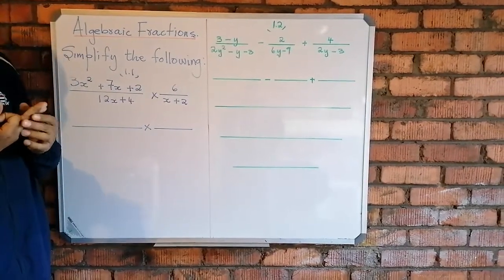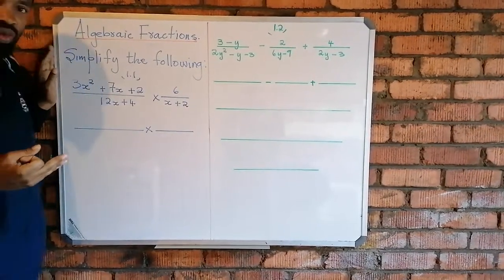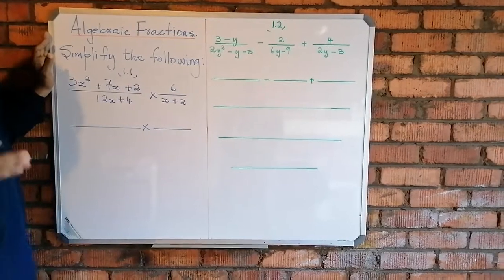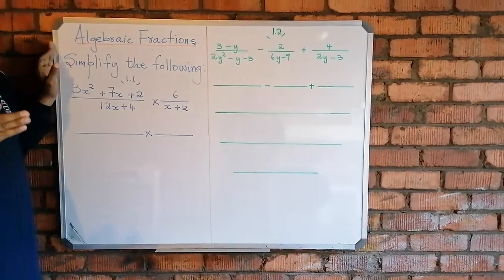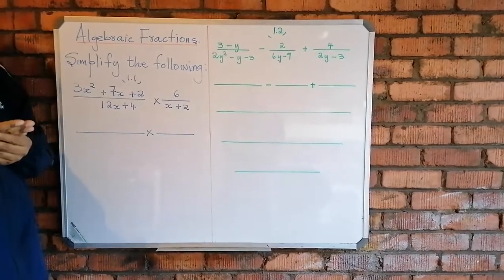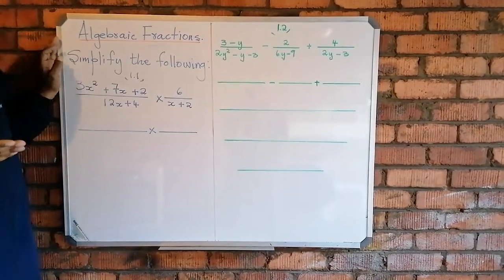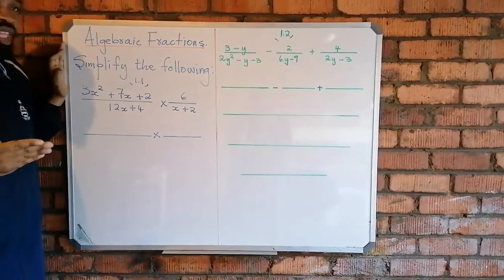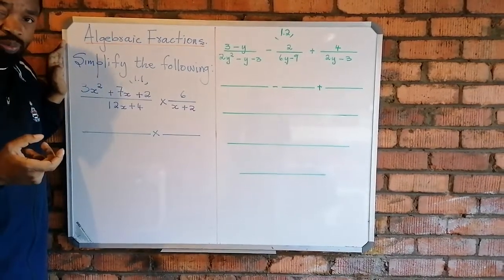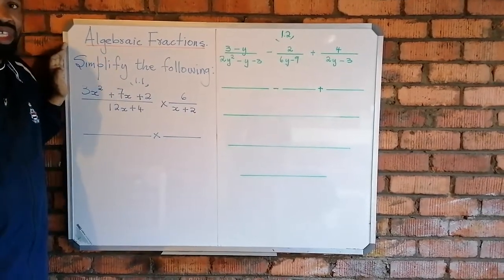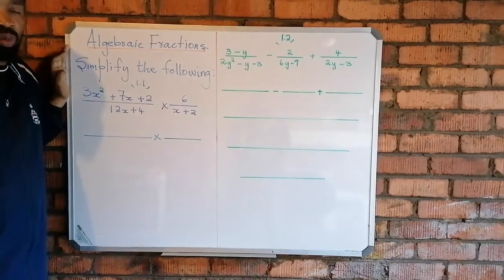Number three, factorization of difference of two squares. Number four, you must be able to factorize where you have to group the terms, factorizing by grouping.